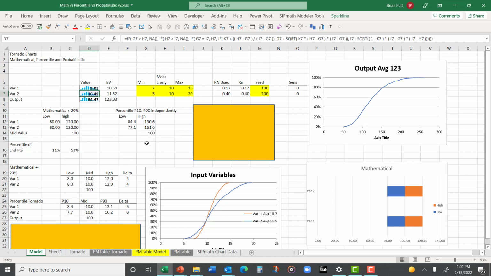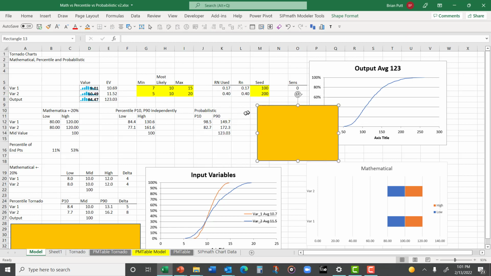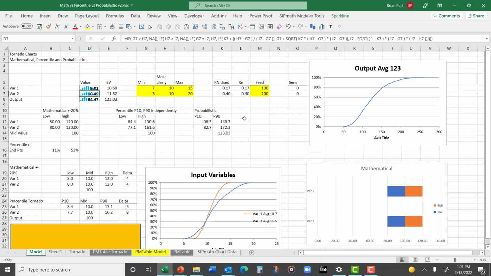However, decision science and decision quality has advanced, and we've moved on mostly to Monte Carlo. And what that means is that we don't have to do one variable at a time. We can change one variable and keep all the others uncertain.